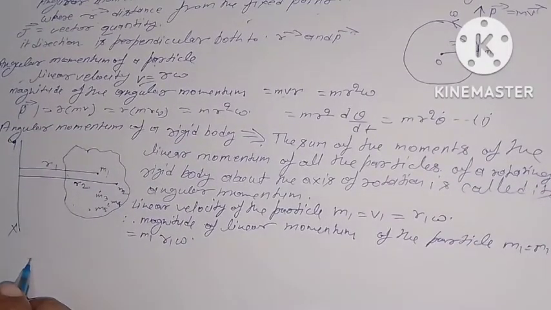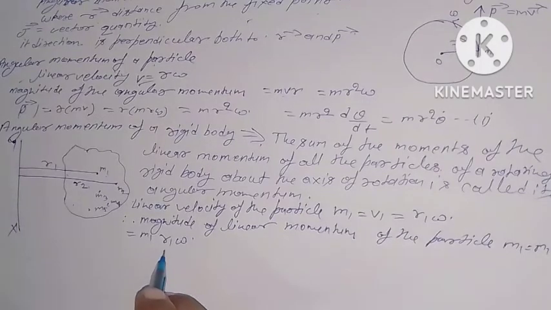Hence the magnitude of the moment of linear momentum, or angular momentum, of the particle M1 about the axis of rotation is m1 v1 r1, equal to m1 r1 square omega.